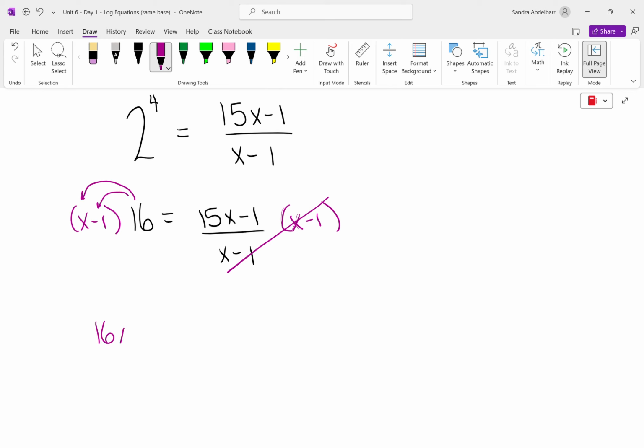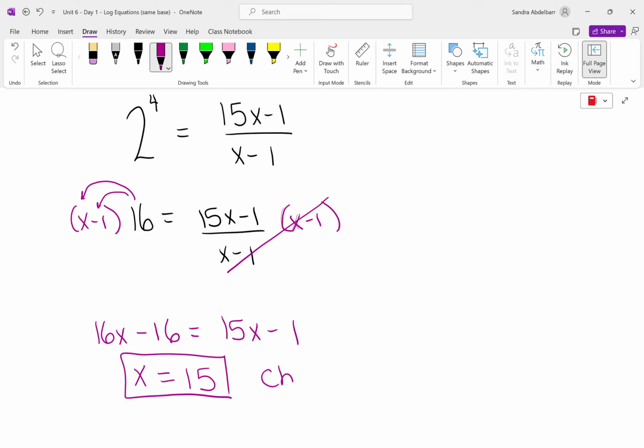So that the x minus 1's cancel, and I have to distribute the 16. So this is going to be 16x minus 16 equals 15x minus 1. When we solve this, we're going to get x is equal to 15, and I will tell you the check works. All right, we're done.